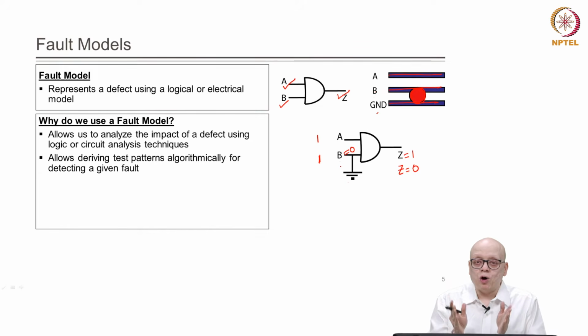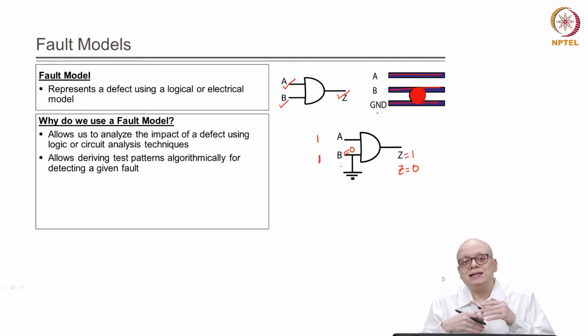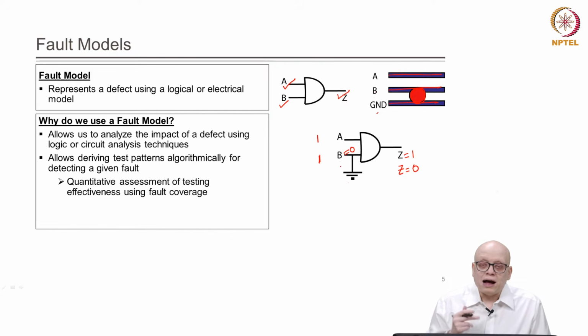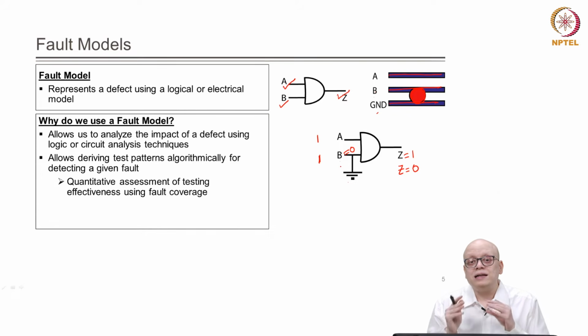Now, once we model the defect in a circuit, we can apply various algorithms to extract test patterns. And how to extract these test patterns and what is the algorithm, we will be seeing in the subsequent lectures. And so, we can also use the fault model to assess the quality of testing, right, meaning that if we say that defect is causing this fault and the manifestation of defect is some form of logical defect, right.